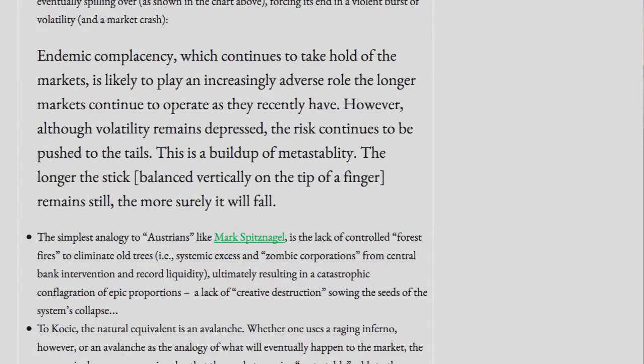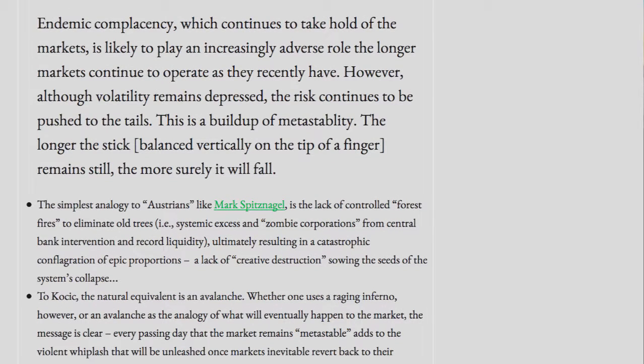Endemic complacency, which continues to take hold of the markets, is likely to play an increasingly adverse role the longer markets continue to operate as they recently have.